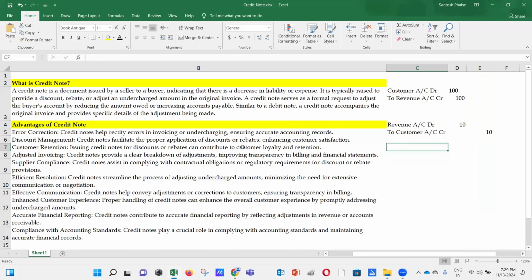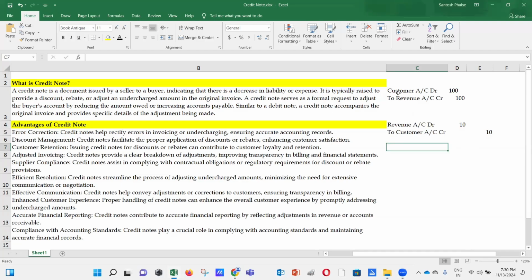Initially, we raised the invoice for 100 rupees. The actual agreed price is 90, but incorrectly we raised the invoice for 100 rupees. Now we have to reduce that value to 90, so the differential amount is 10. So we raise the credit note. Credit note means we are giving credit to the customer, and when we credit the customer, our receivable balance is going to reduce.